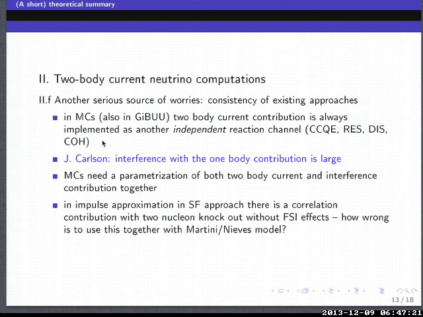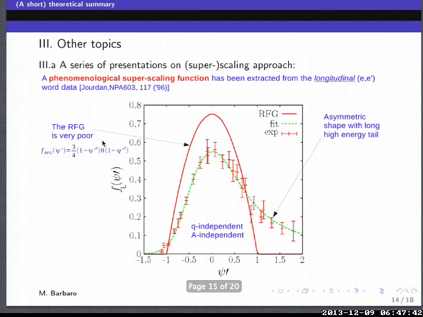So there is some overlap, and the question is how wrong or inconsistent it is to use this spectral function computation together with, say, Marco-Martini or Nieves models.